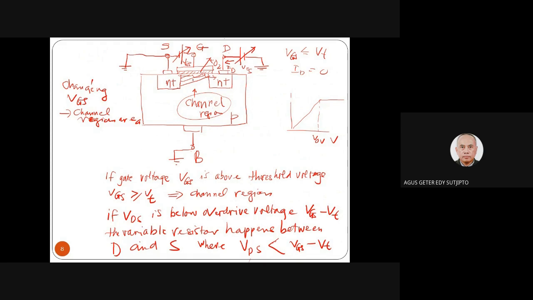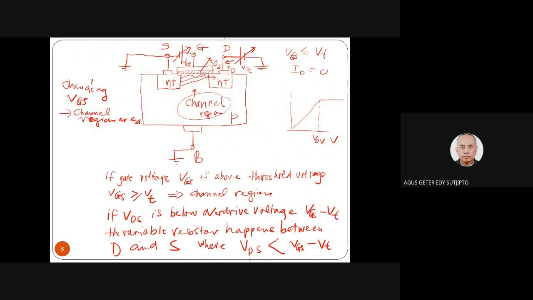The channel region allows the mobility of electrons to move from the source, heavily doped N, to the heavily doped N in the drain.